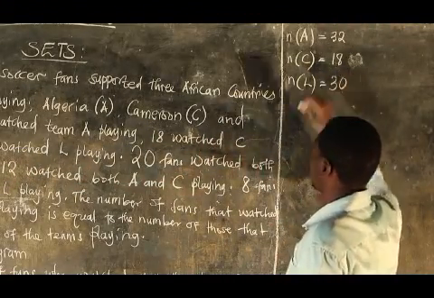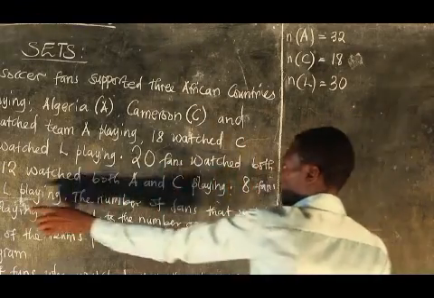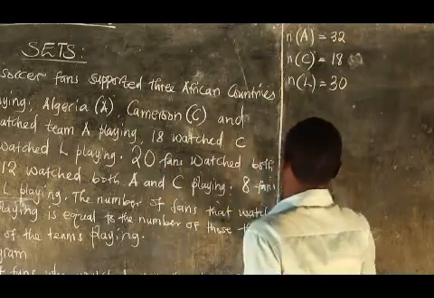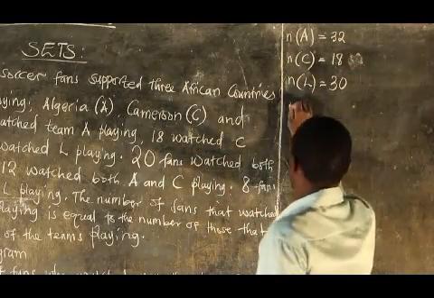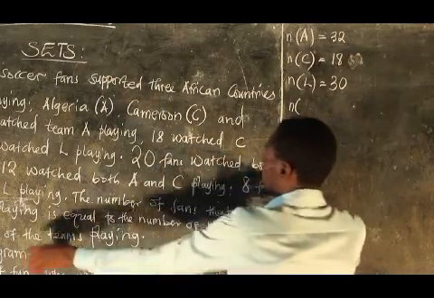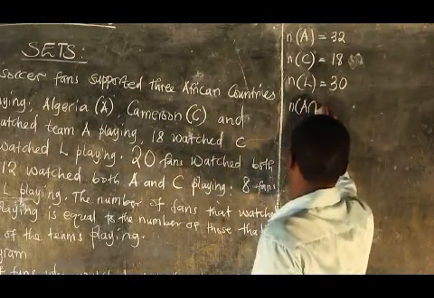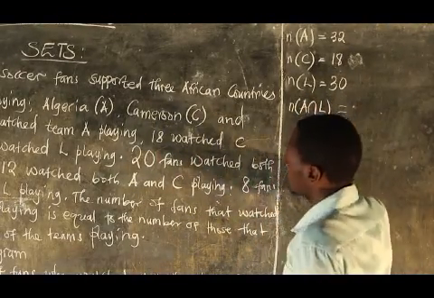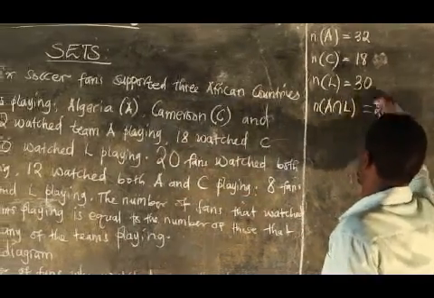So this is 30. 20 fans watched both A and L. So both means intersection. So the number of 20 watched both A and L. It means A intersection L is equal to 20.